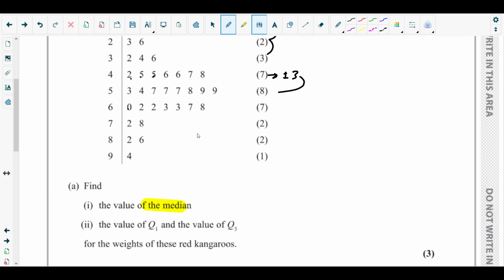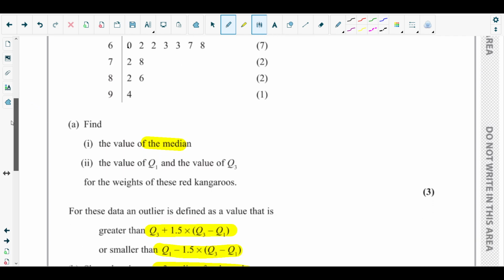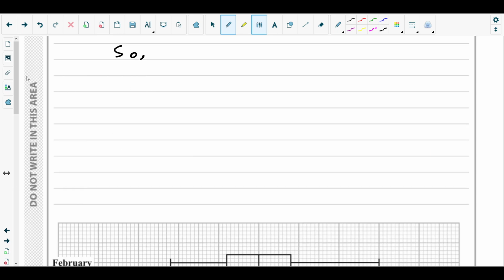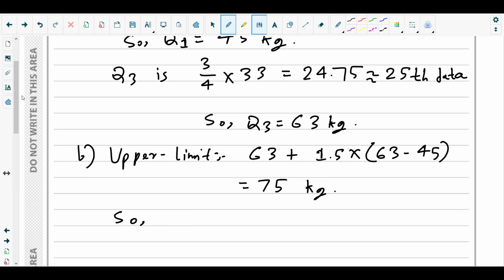Okay, whether our value was correct. 1.5 times 63 minus 45 gives you 18. 18 times 1.5 is 27, plus 63, it is basically 90. It's not 75, it is 90 kg. So upper limit is 90 kg.